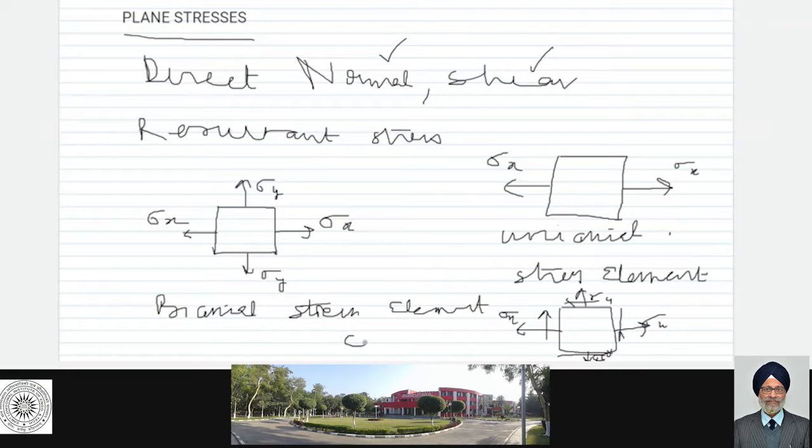Then this is a combined state of stress, because you have the normal stresses and you have the shear stresses also. So this we will be discussing.